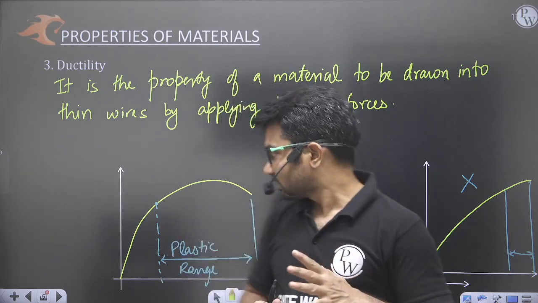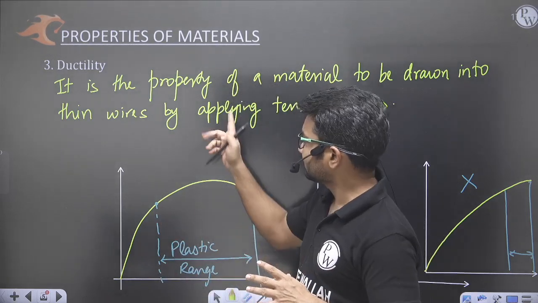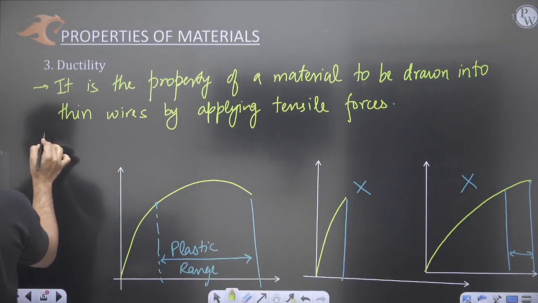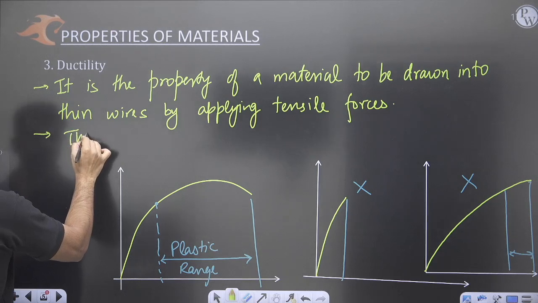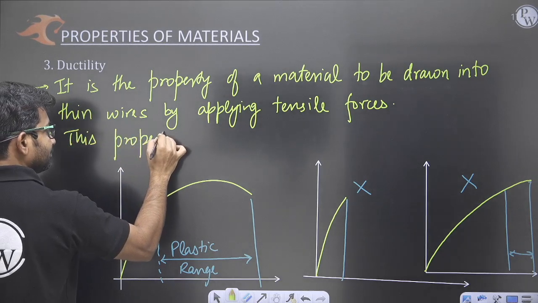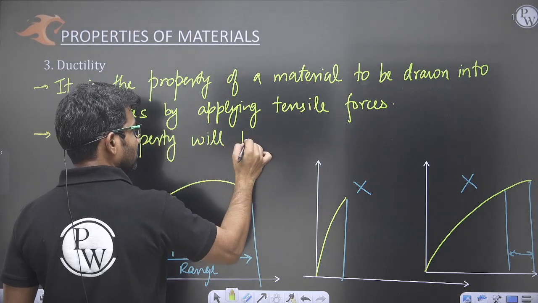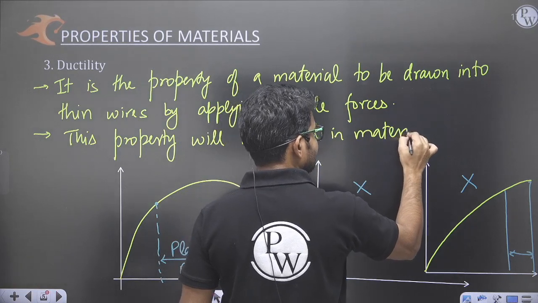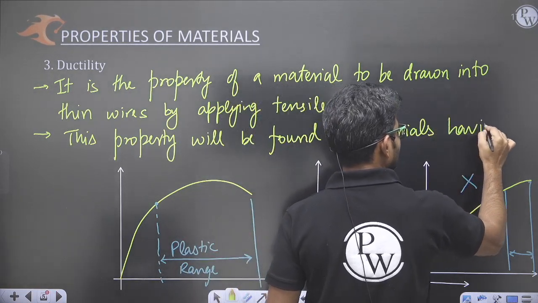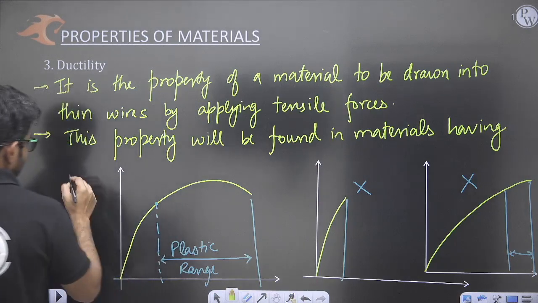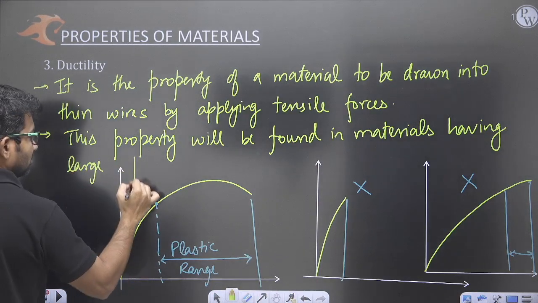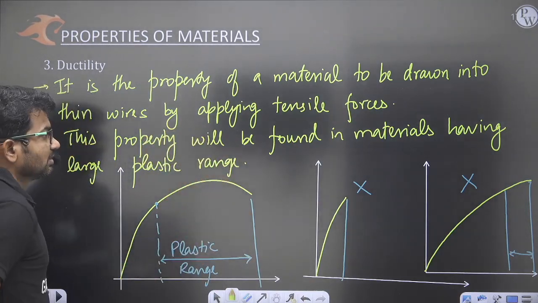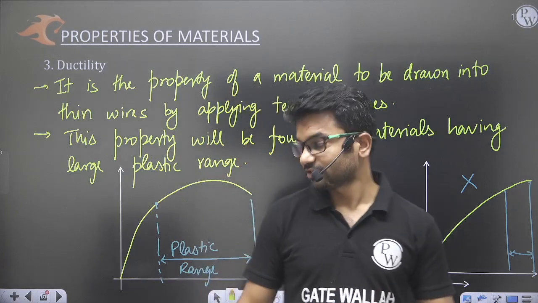I have told you that for this property, the plastic range should be large. So this property will be found in materials having a large plastic range. That property is called ductility.